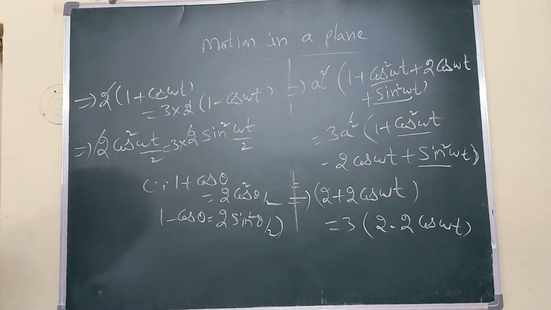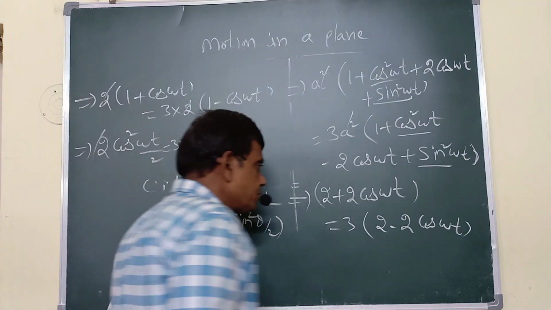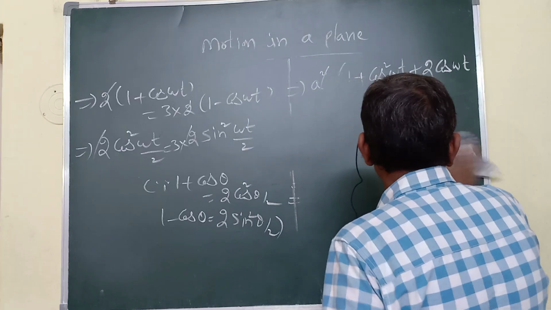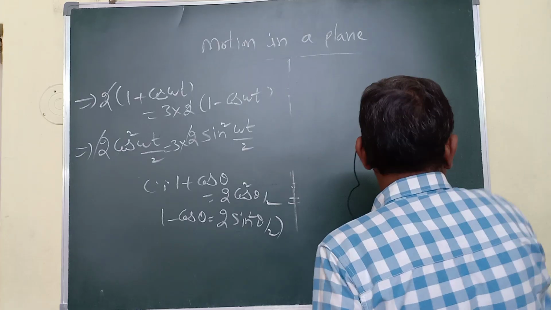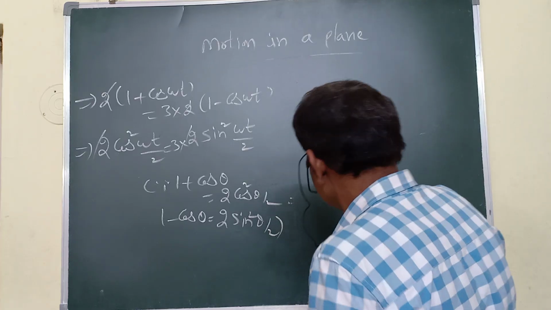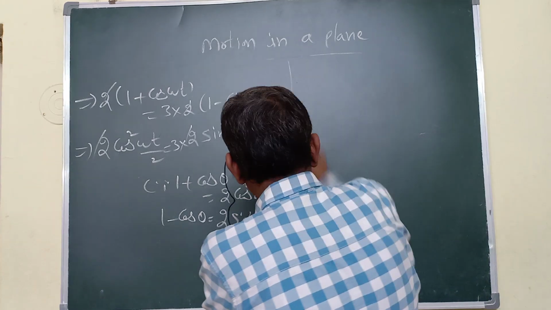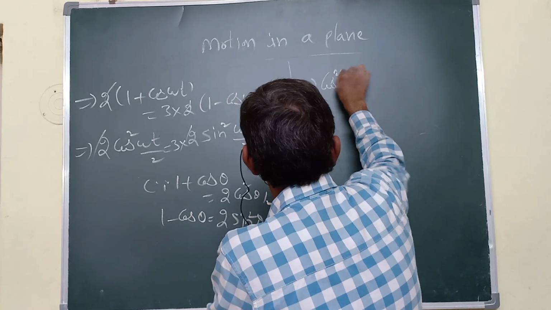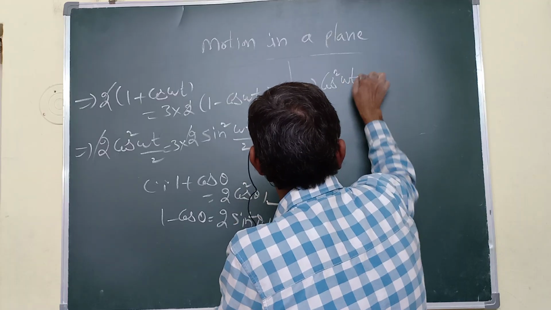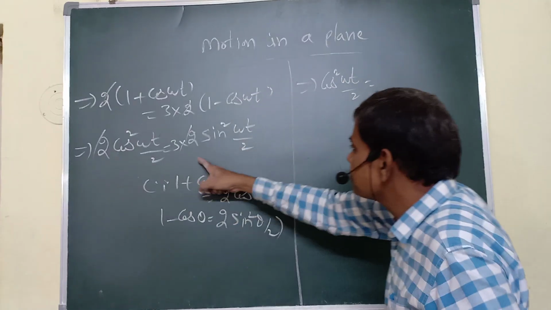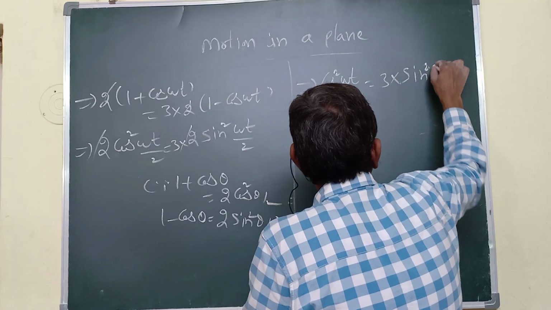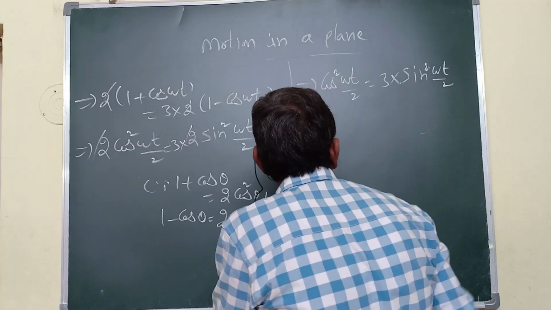So finally what I am getting? What are the remaining things? Cos square omega t by 2 equals 3 into sin square omega t by 2.